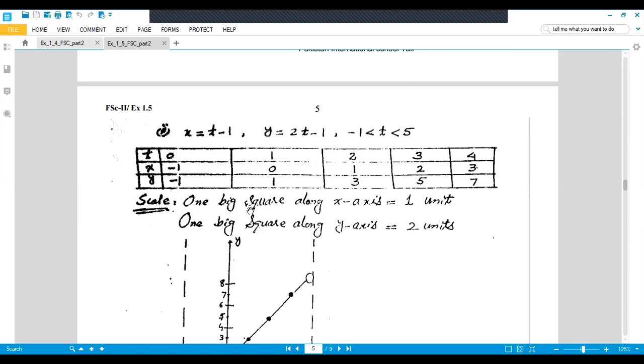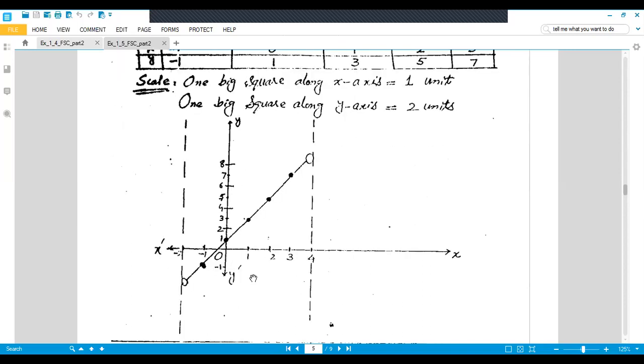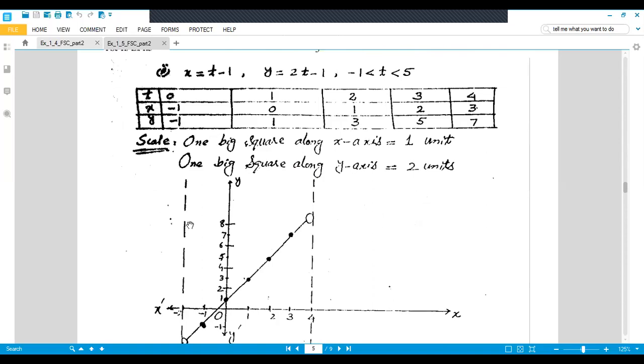So we take one big box, or you can write it, 10 small boxes equal to 1 unit on the x-axis, and 5 small boxes equal to 1 unit on the y-axis. So we write it here: 0, positive 1, positive 2, positive 3, and positive 4.